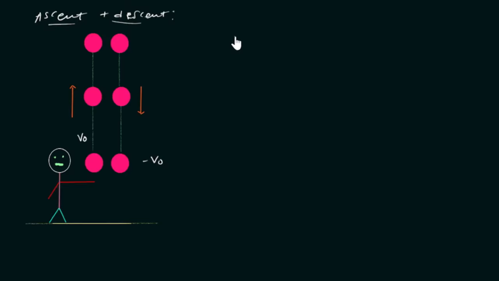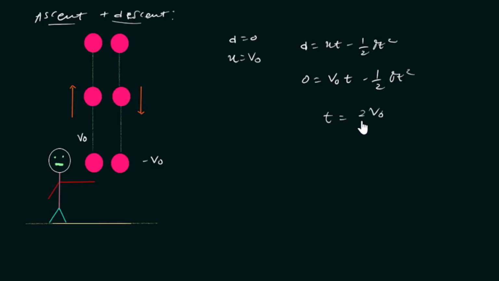The displacement of the object is 0 and u is v naught. So displacement is ut minus half gt square. So this is 0, u is v naught, t minus half gt square. So basically time will be 2 v naught by g.